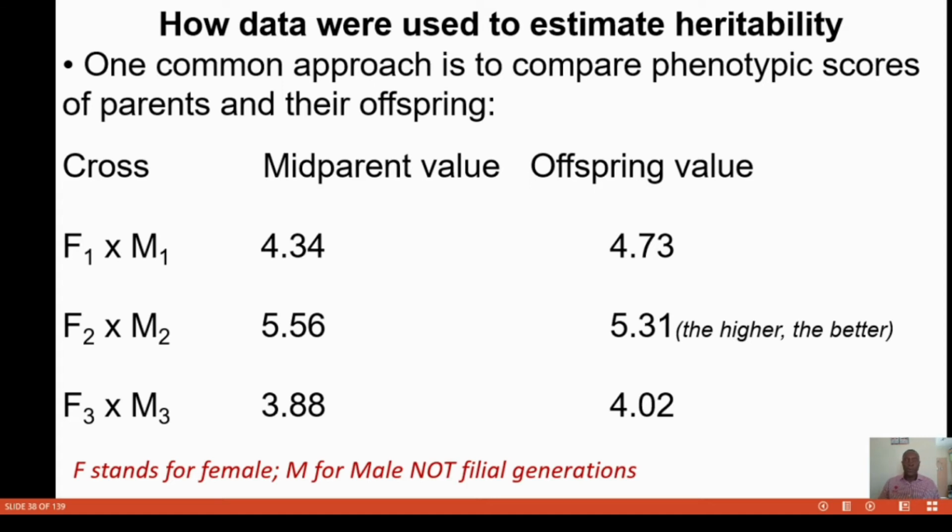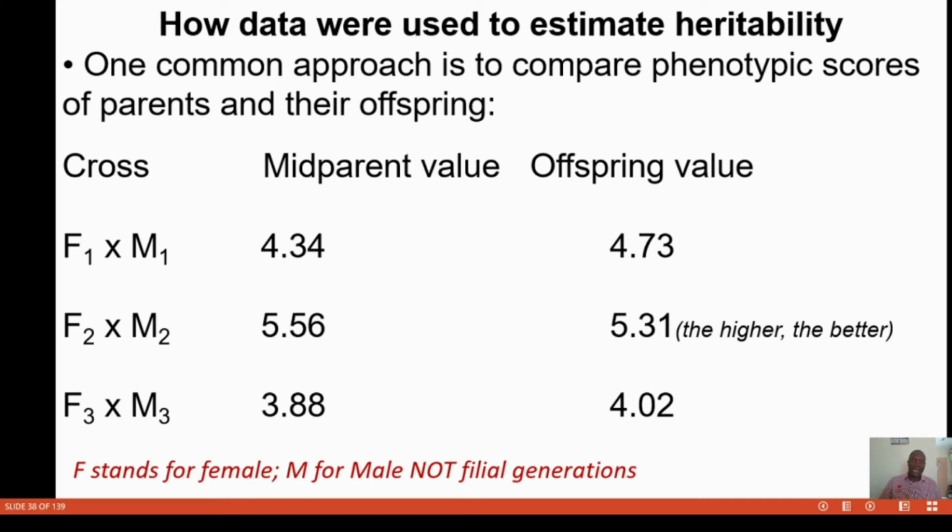And so you begin to see that in the calculation between these crosses, we have mid-parent values. And then we have the offspring that were measured from the crosses. We see that the offspring values are slightly higher than the best parents that were crossed.